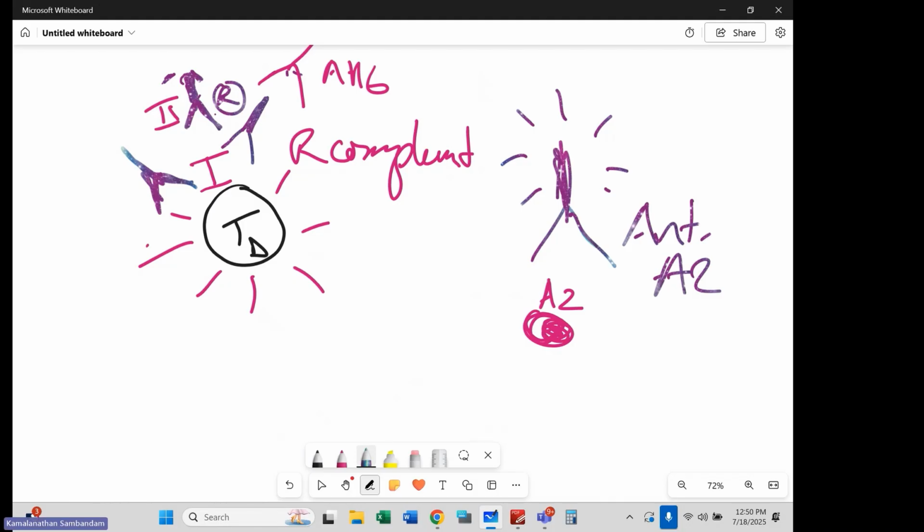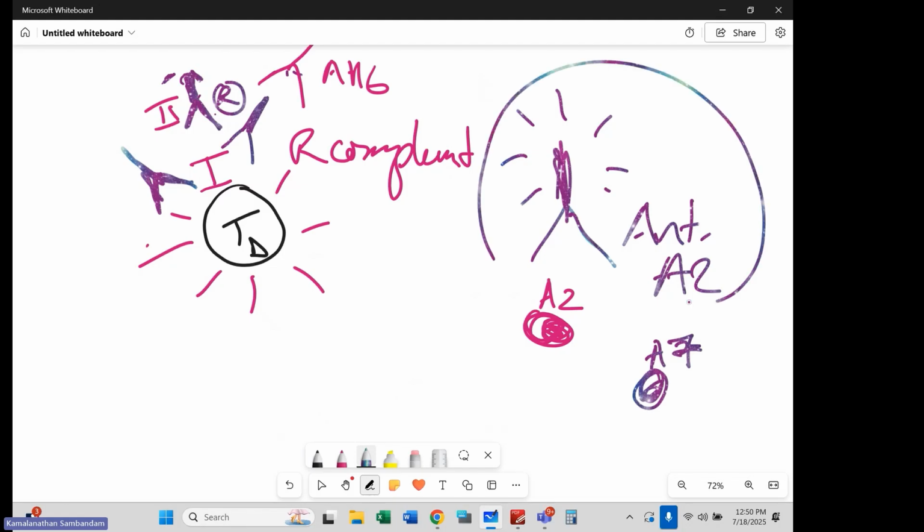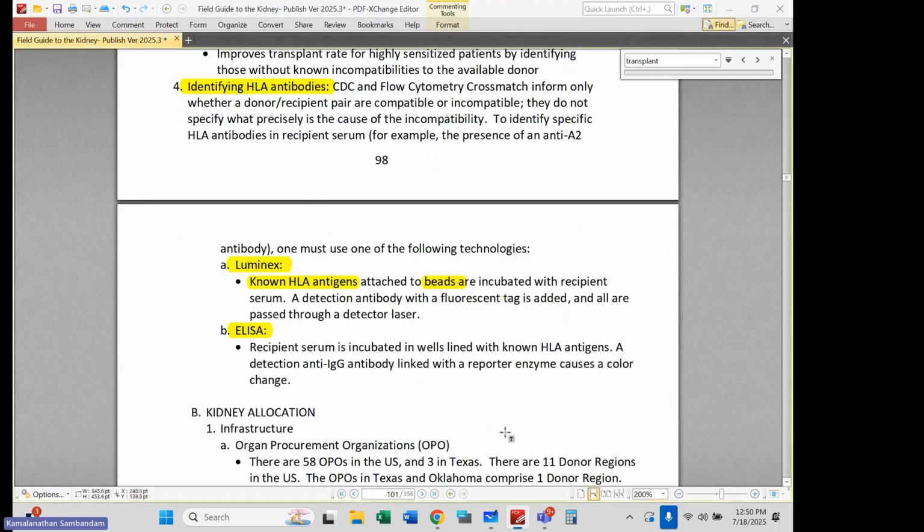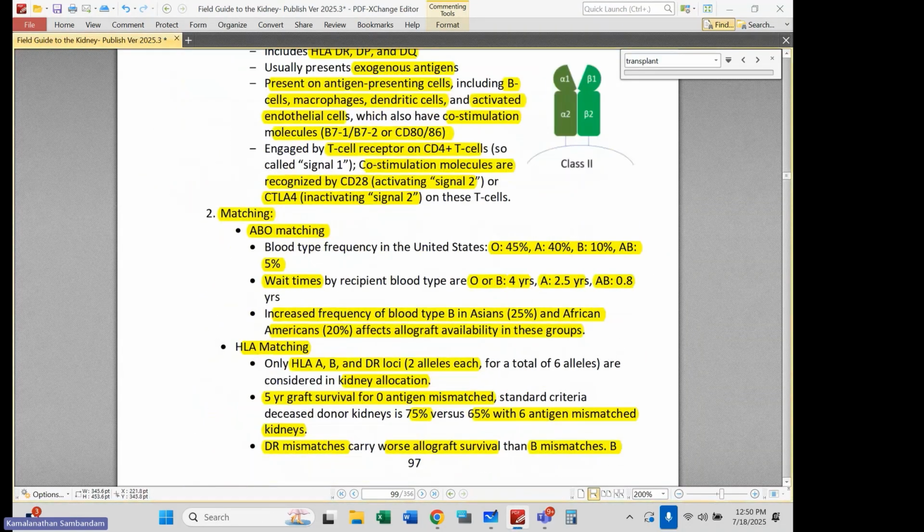When I see a positive signal to multiple beads that share a public epitope, you might even make generalizations that this antibody is most likely directed to a shared public epitope.